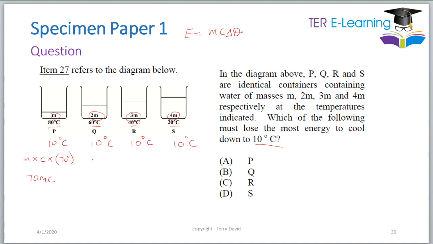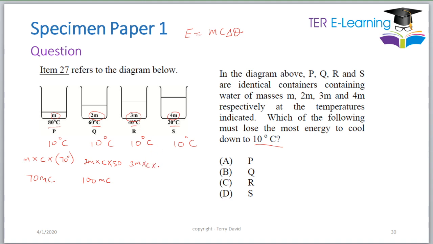For the next one now, it'll be 2M multiplied by C multiplied by my change in temperature, which will be, you're going from 60 degrees to 10, that's 50. So this is 100 MC. For the third one, it's going to be 3M multiplied by C multiplied by my change in temperature.